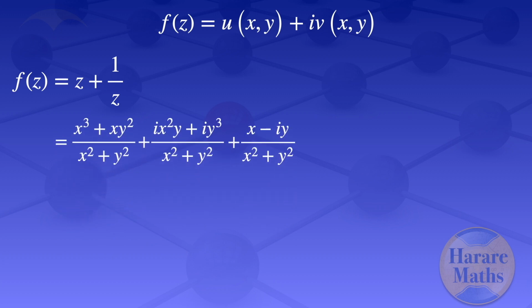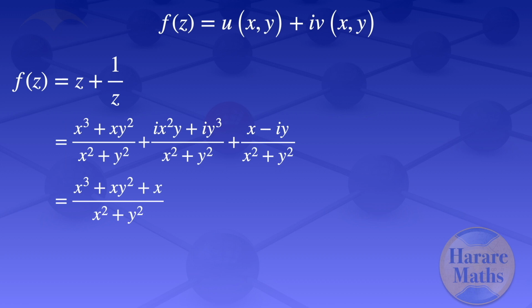Now we combine the real parts and the imaginary parts, putting them on their own. This part is a real part. We combine it with the part where we have the x, which is also real. So combining them, we have x cubed plus xy squared plus x divided by x squared plus y squared.